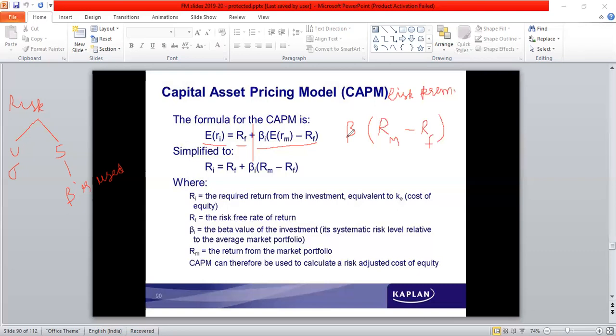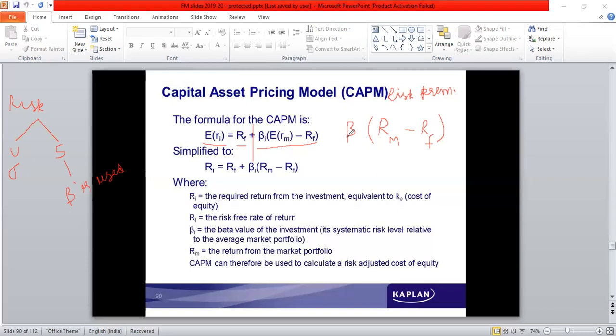So expected cost of equity is equal to the first part, a minimum part which is risk free return, plus over and above they are looking at a premium. That premium comes with a cost, that comes with a risk. That risk is beta.